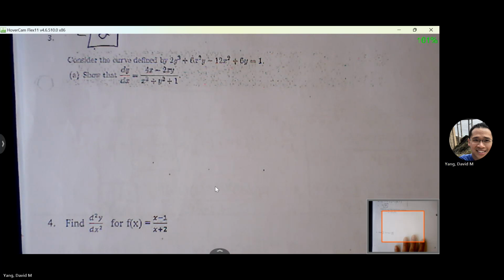So what process is required to find the derivative here? Implicit, and product is within that 6x squared y.